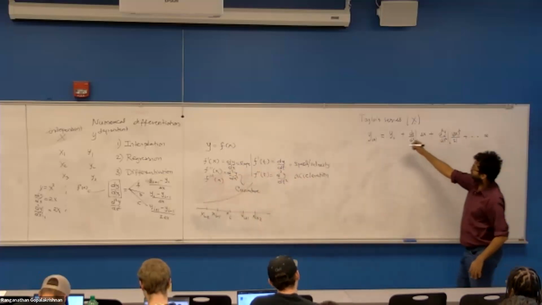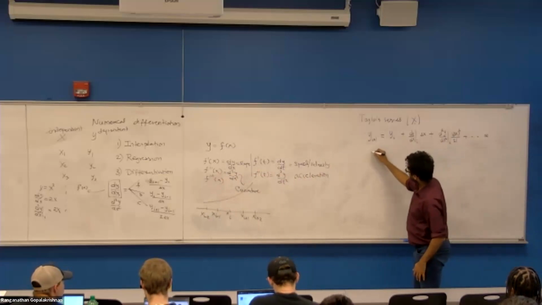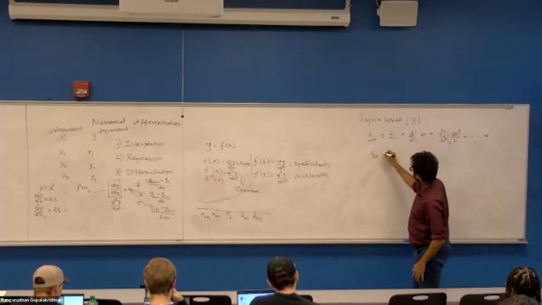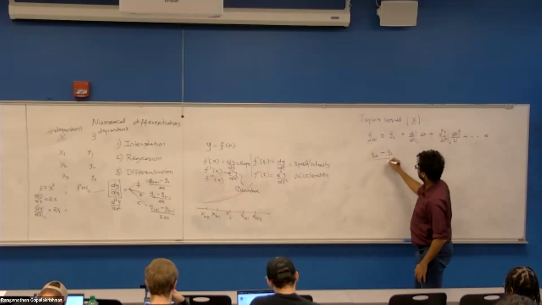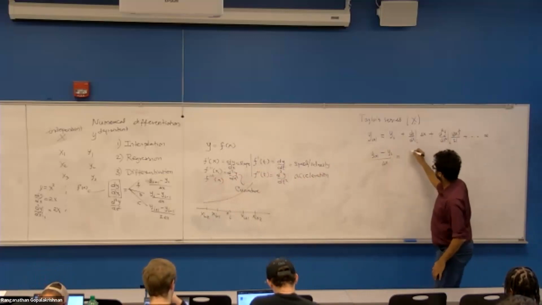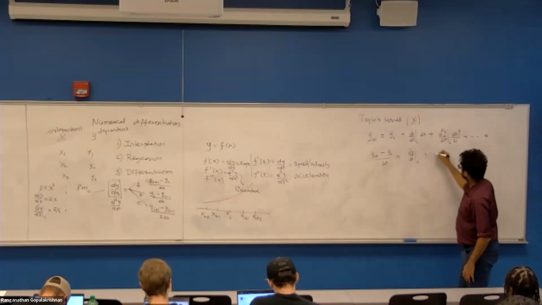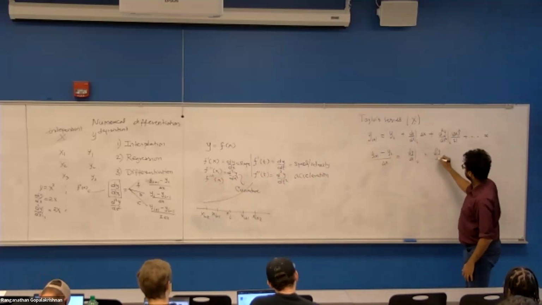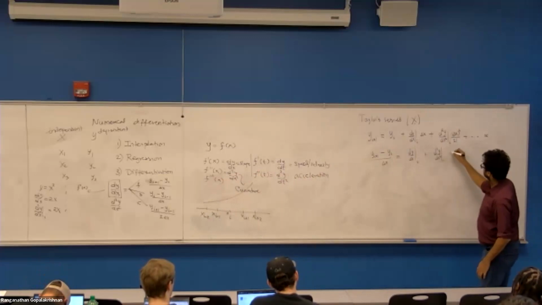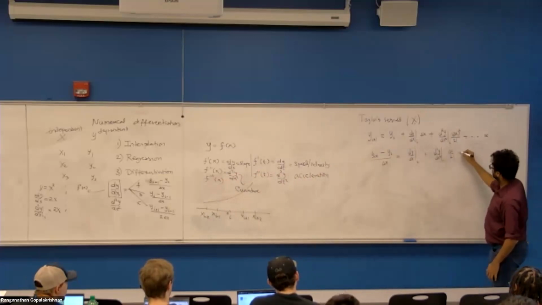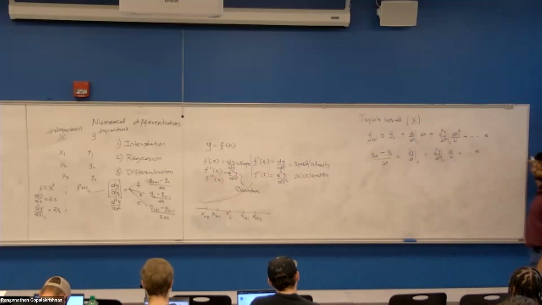So then what we did was to say yi plus 1 minus yi divided by delta x is equal to dy by dx at i plus d squared y by dx squared at i multiplied by delta x over 2 factorial, and so on up to infinity.